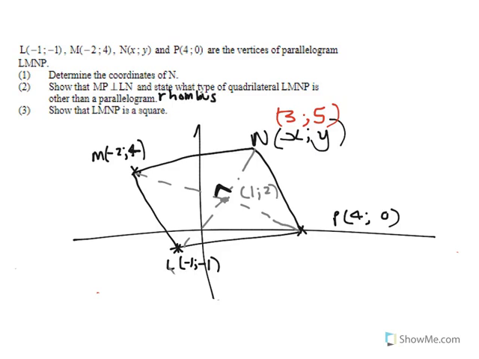We can't get more specific than that because then we'd need to know that the interior angles are 90 degrees, and we don't have enough information to prove that as yet. So just based on the diagonals meeting at 90 degrees, that's not enough to say that the interior angles are 90 and therefore this is a rectangle or a square or whatever. So the most we can say is it's a rhombus.